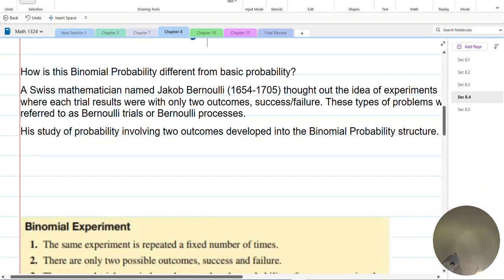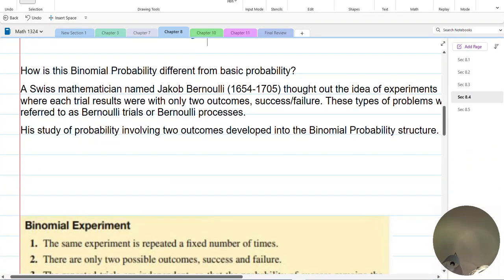So before we really get into the binomial probability, we have to look at the mathematician who came up with it, which readily gives us exactly what we need because we don't have to worry about other contingencies in that study. He was a Swiss mathematician named Jacob Bernoulli.